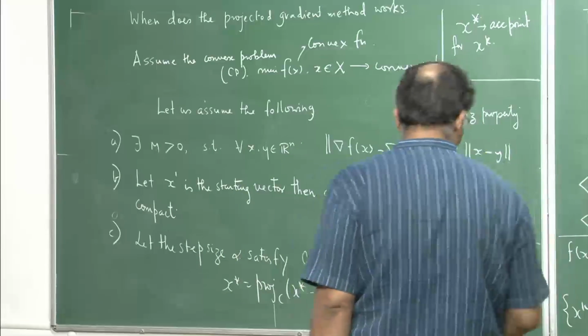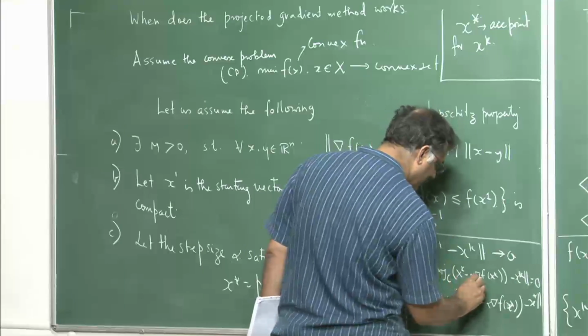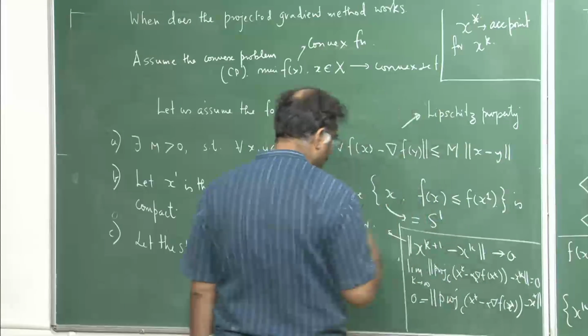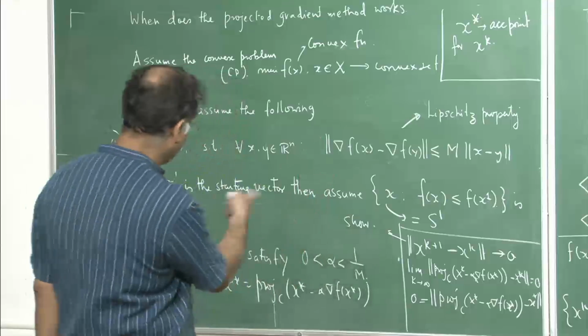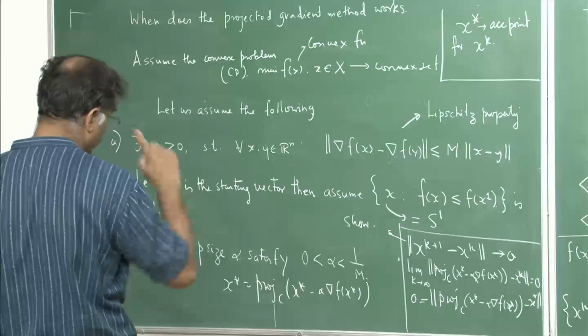Sorry, I should be doing a little bit more analysis. Here I should be putting alpha k, because this alpha k would change. If I fix the alpha, then I basically have got a solution, because this is the if and only if condition.